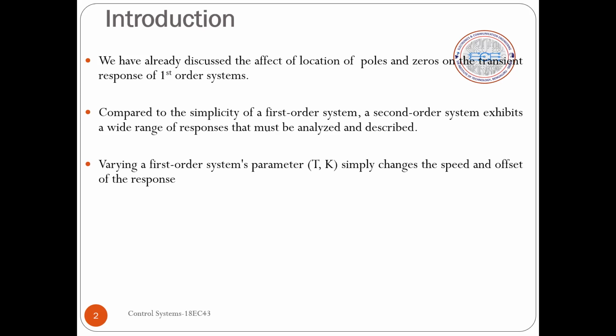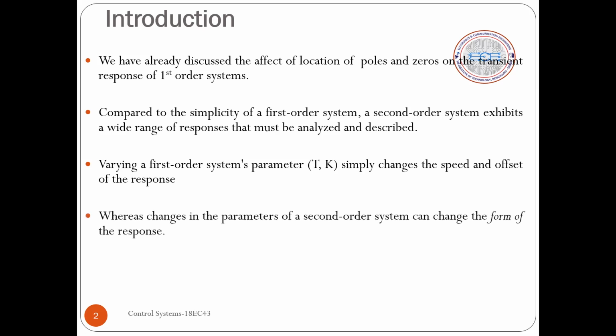But here in the second order, it is not like that. Once the parameters change, a wide range of responses is possible, so we have to analyze and describe that.